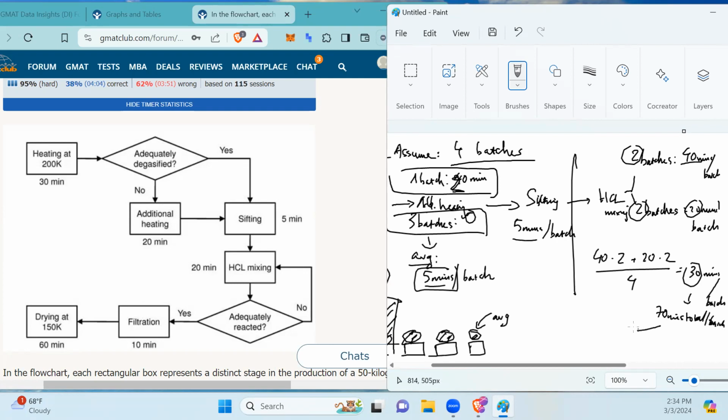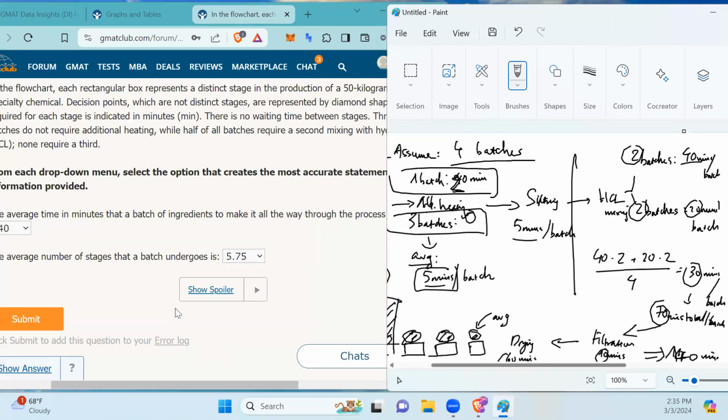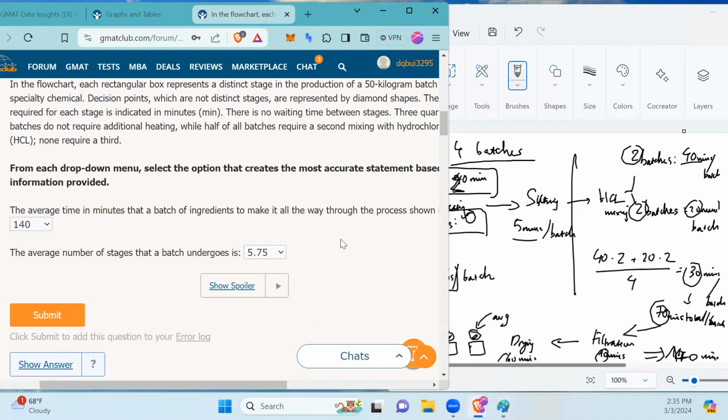And then the last two steps are 60 minutes and 10 minutes: filtration and drying, which apply to all 4 batches. So that adds another 70. So 70 plus 70 is a total of 140 minutes. So that is the answer for this first question, 140.